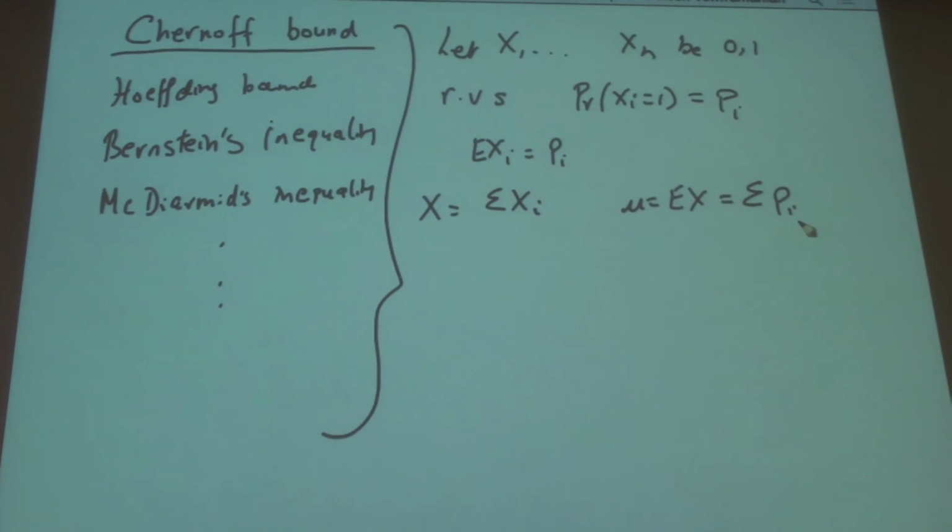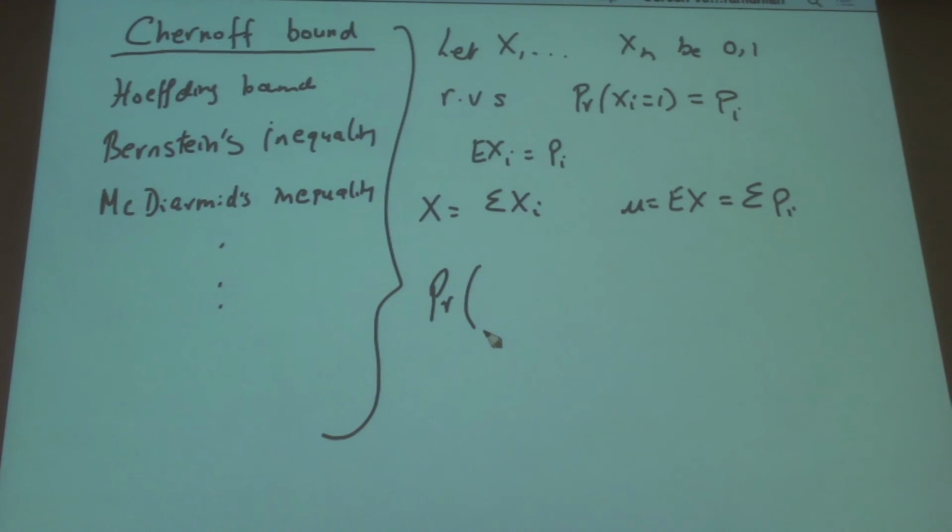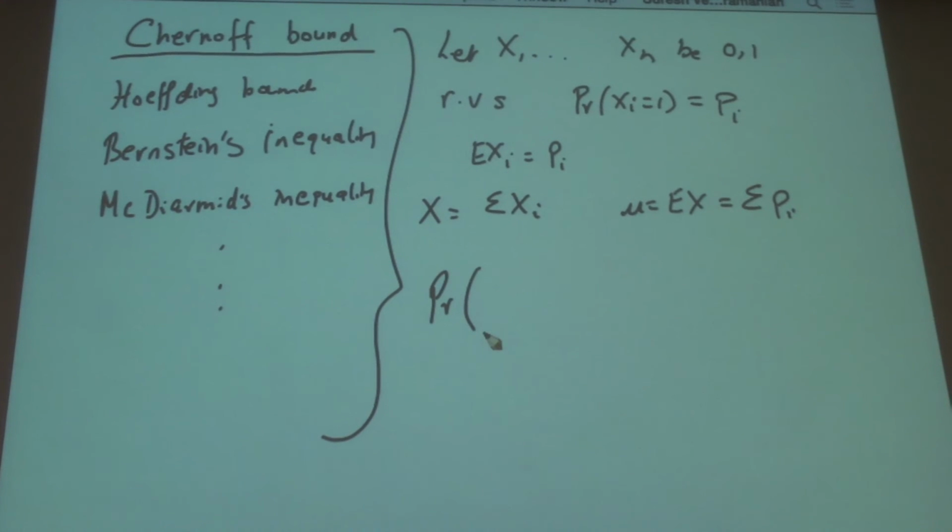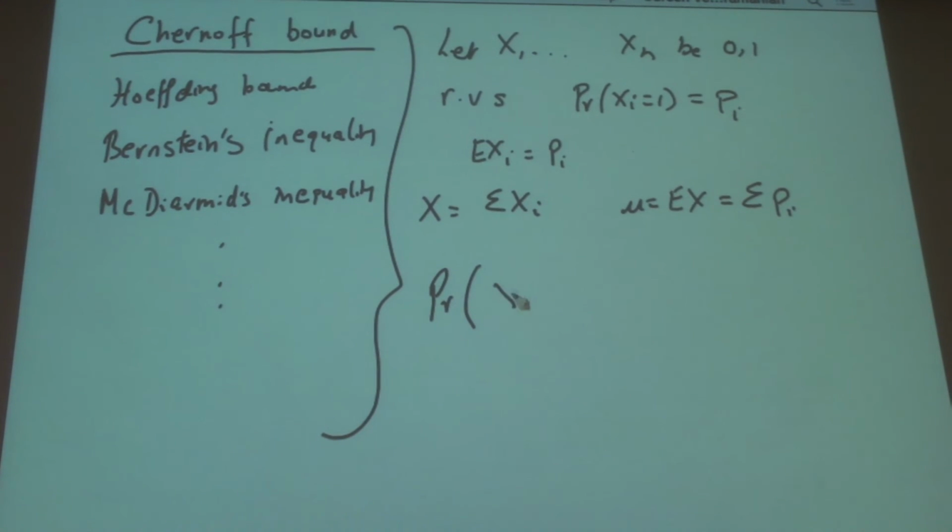So now we're going to write a tail bound again. What is the probability that, and I'm going to write it in this form, which is again slightly different. I'm going to go back to using units of the mean.